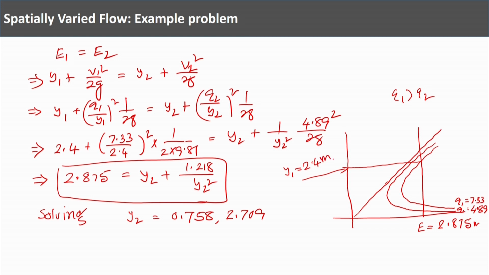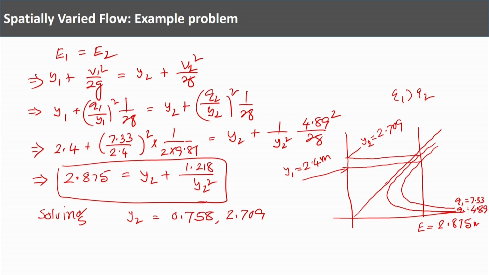So, now what is happening? The specific discharge is decreasing from section 1 to section 2, and at section 2 the specific discharge is 4.89. So, in that case the depth has to increase here. This is the new depth, y2, which is equal to 2.709.